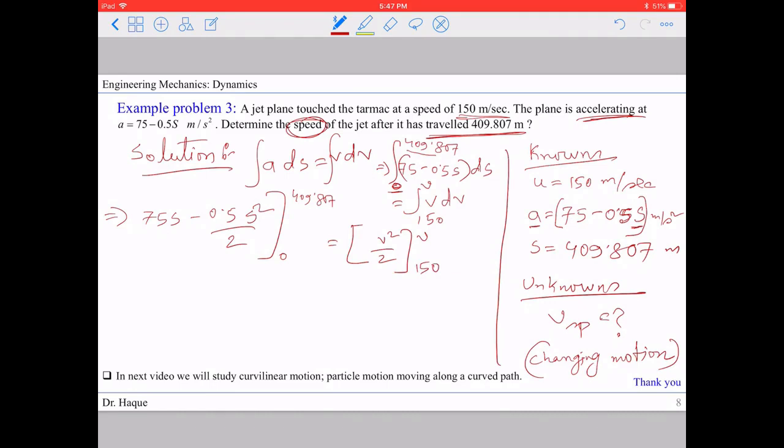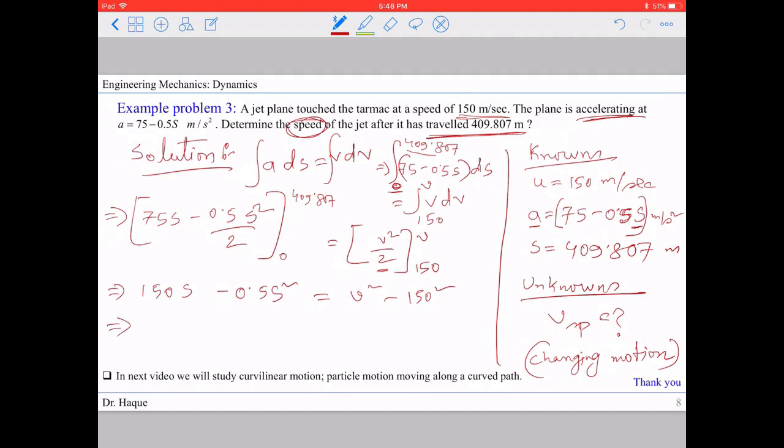Now if we take the 2 out and move it to the other side, we get 150s minus 0.5 s squared on the left hand side. On the right hand side we get v squared minus 150 squared.